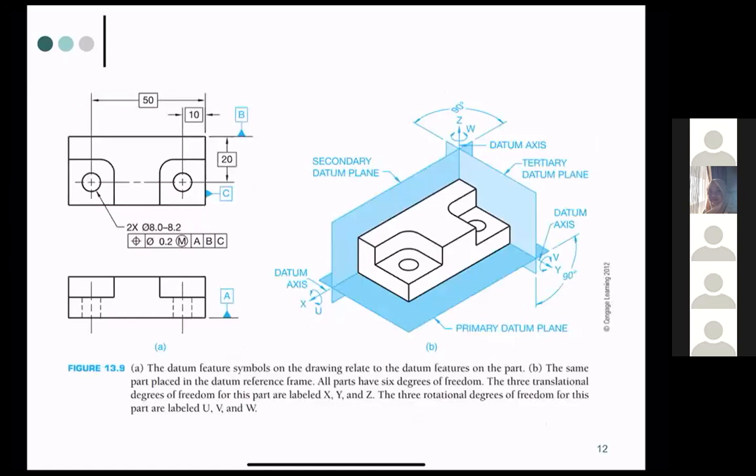Okay, so let's try to imagine this one. Maybe wait. Let's watch this figure for a minute, and then try to think about how you can transform this assembly into here. Give it one minute. So let's have a look.